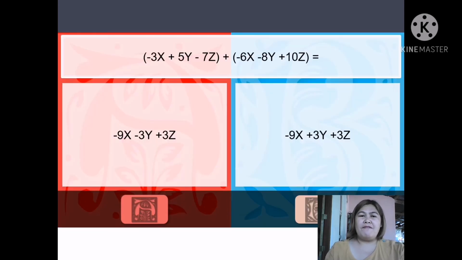Okay, so let's have the first example. Negative 3x plus 5y minus 7z plus negative 6x minus 8y plus 10z, is the answer A or B? Okay, do not cheat.